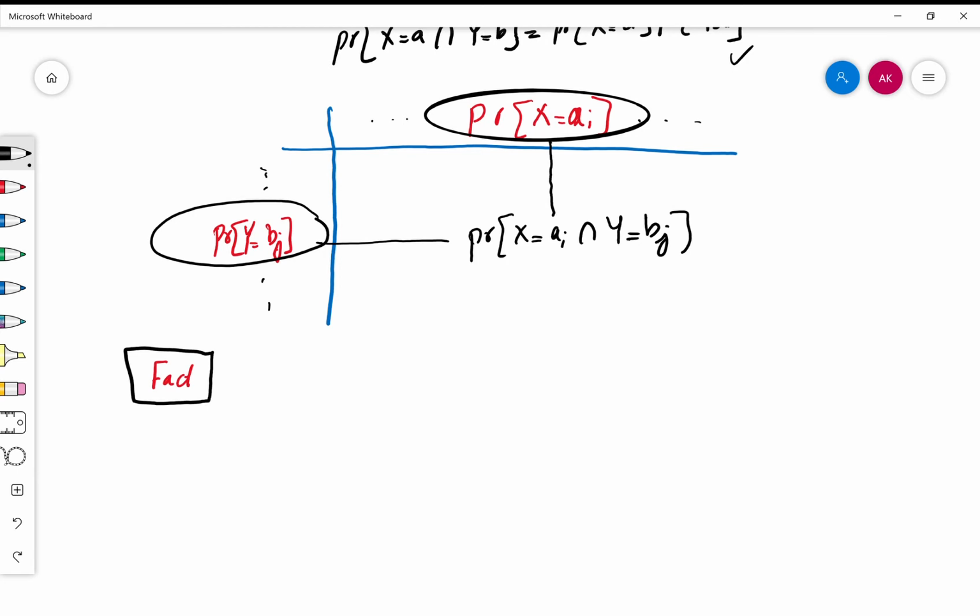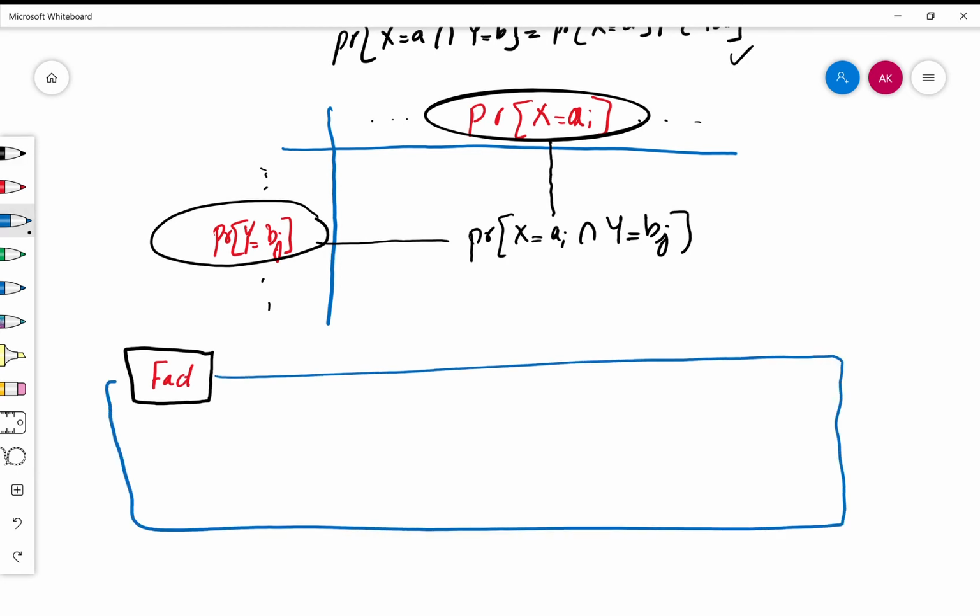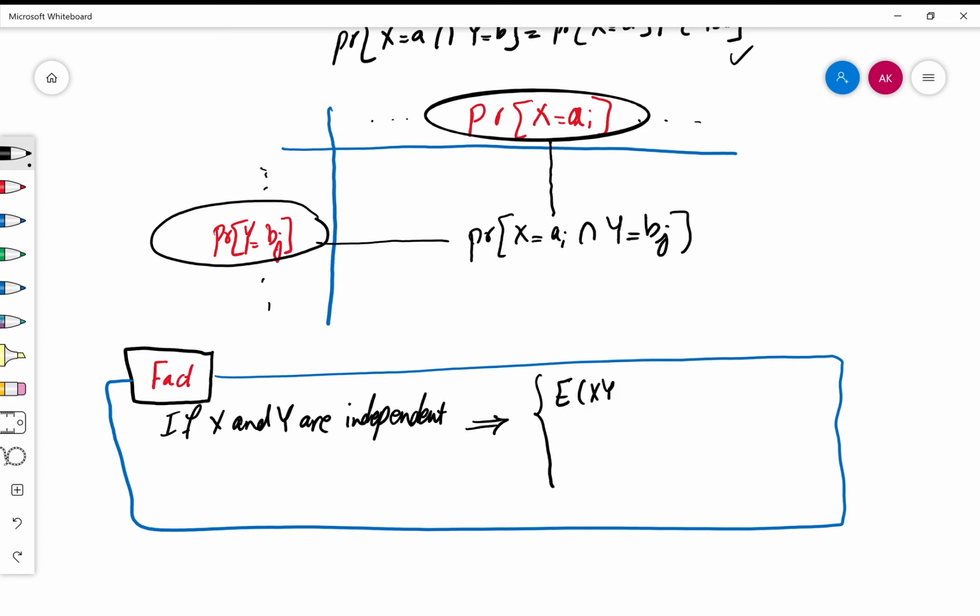The fact says, let me just put a box here. The fact says that if X and Y are independent, then you can conclude that E[XY] is equal to E[X]E[Y].